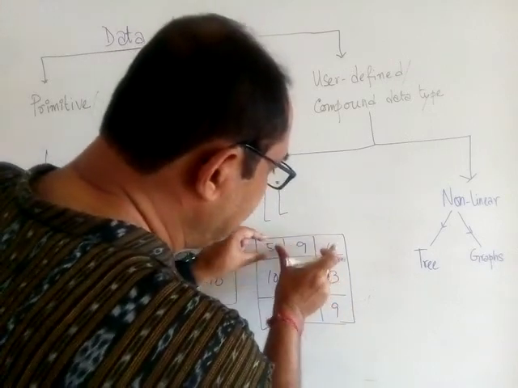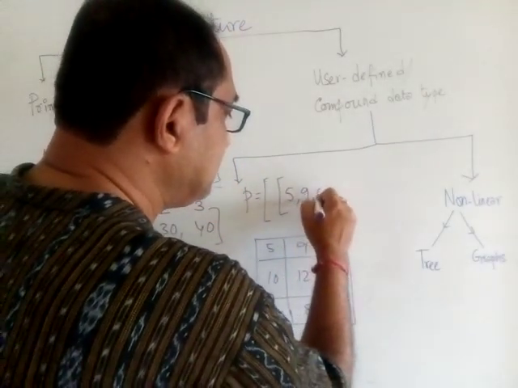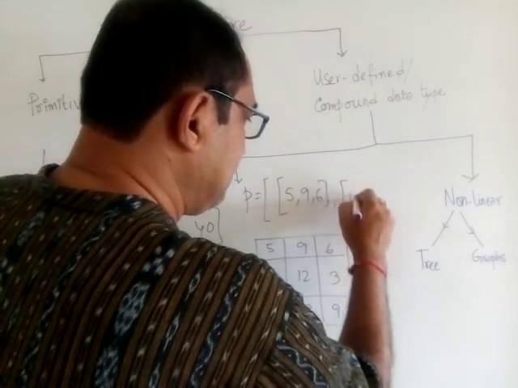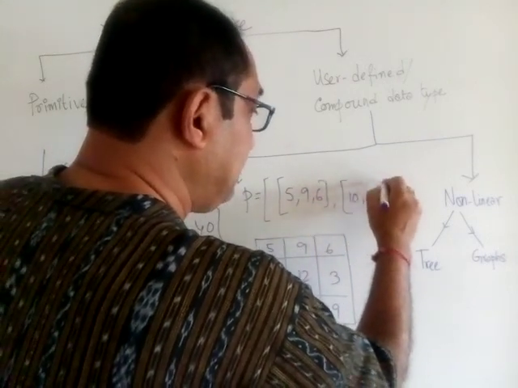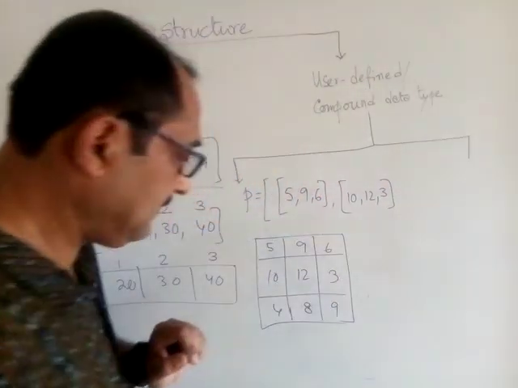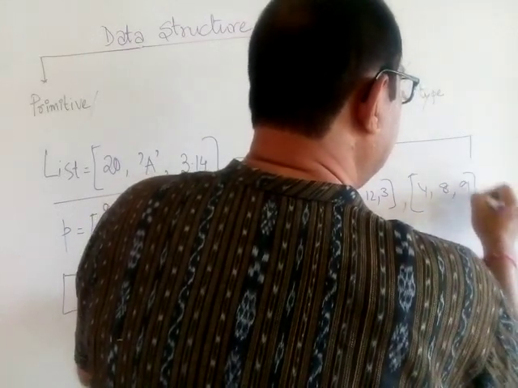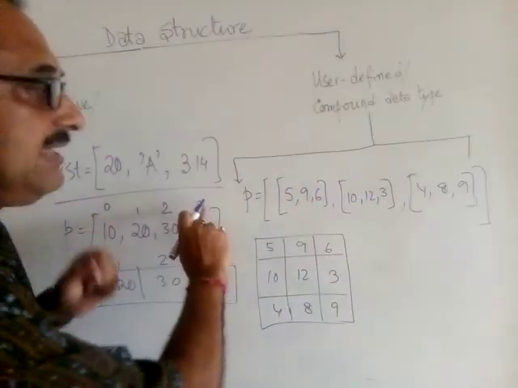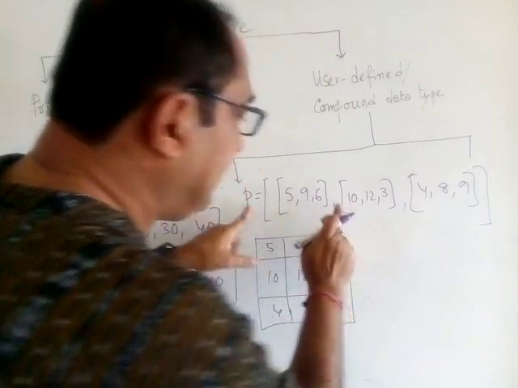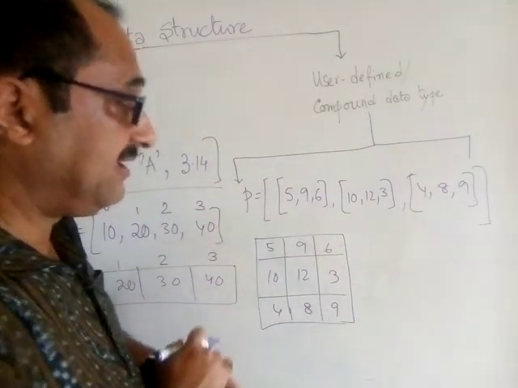So it is a combination of 3 lists together. I can write 5, 9, 6, then 10, 12, 3, and then 4, 8 and 9. So a list like this can represent a double dimension array, the way I have drawn.